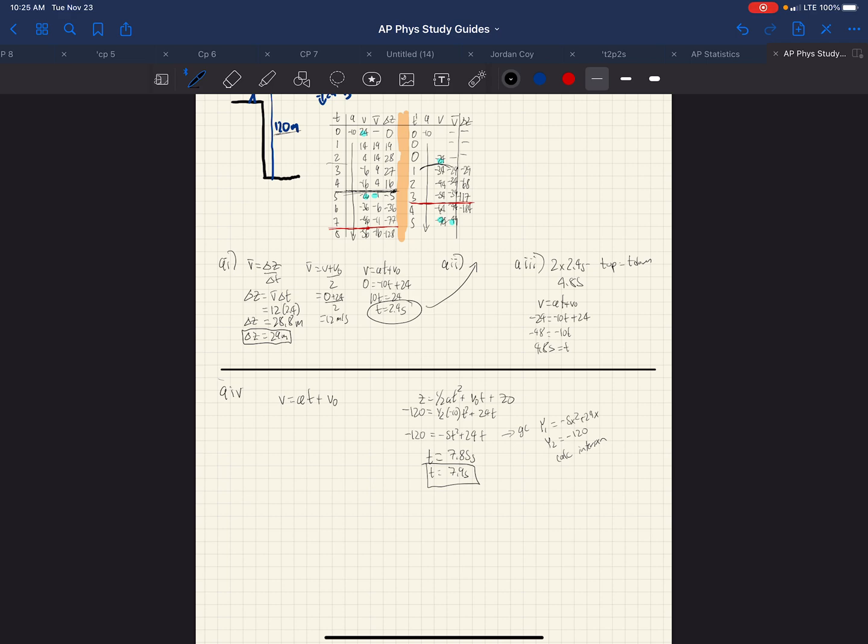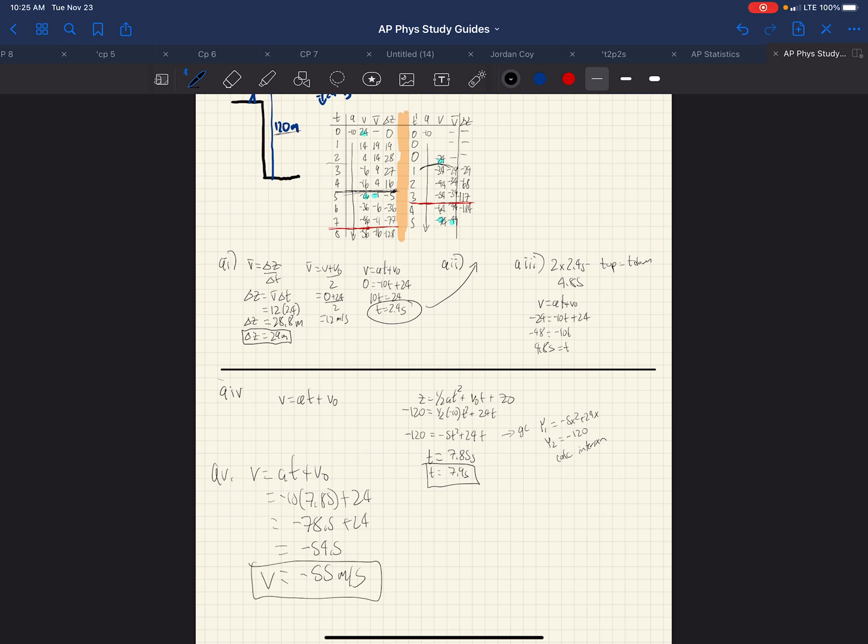And what will the impact velocity be? Well, we'll use v equals at plus v naught. Minus 10 times 7.85 plus 24 is minus 78.5 plus 24, which is minus 54.5, or minus 55 meters per second.